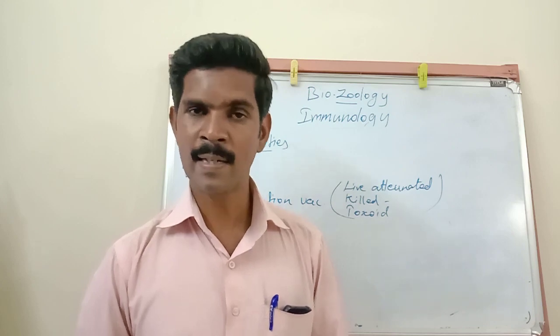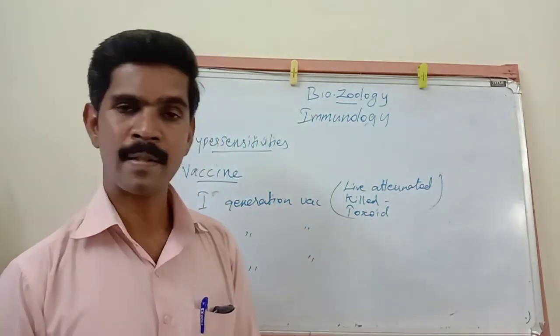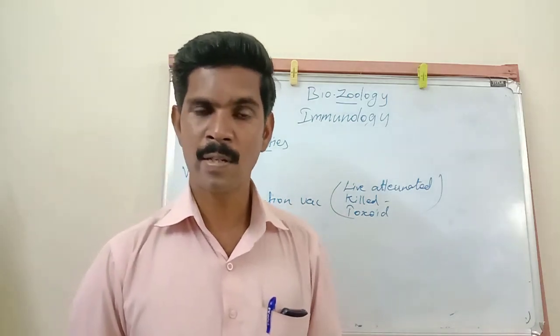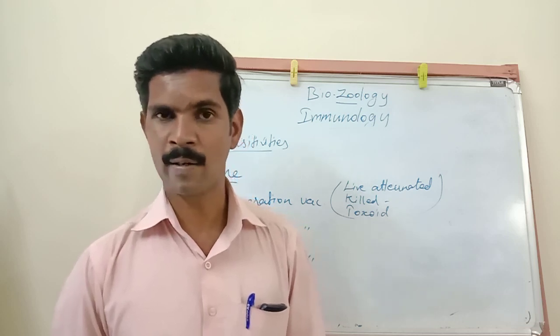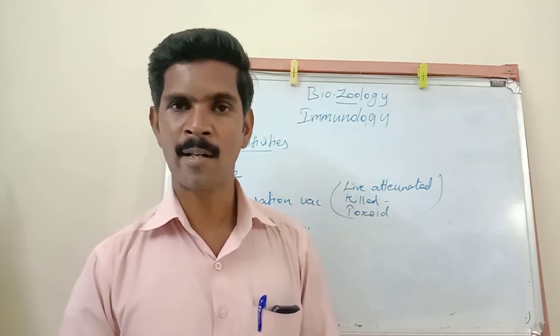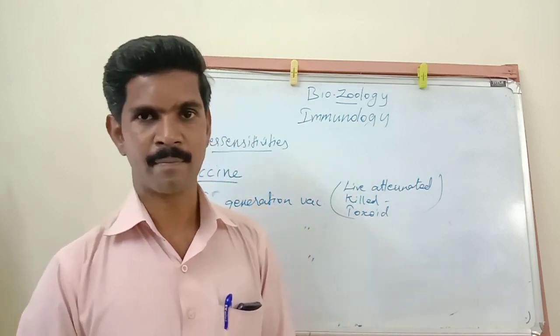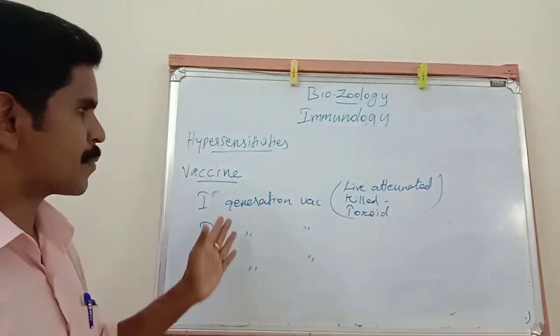And nowadays there are some new developments in the vaccine field. This new vaccine is called DNA vaccine or recombinant vaccine. It's a revolutionary vaccine. So now we have completed the 3 types of vaccines.